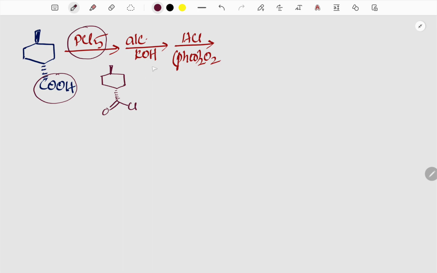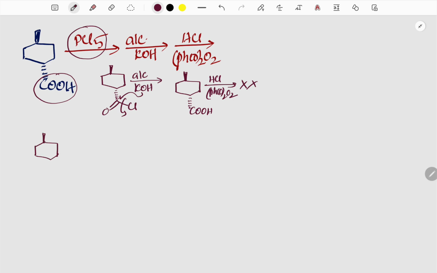There is a small mistake here in the reagent given. Because if I follow alcoholic KOH, OH minus attacks, the leaving group leaves, and the corresponding carboxylic acid forms, and this carboxylic acid obviously does not react with HCl. So the missing point is that the exact reaction should be like this.